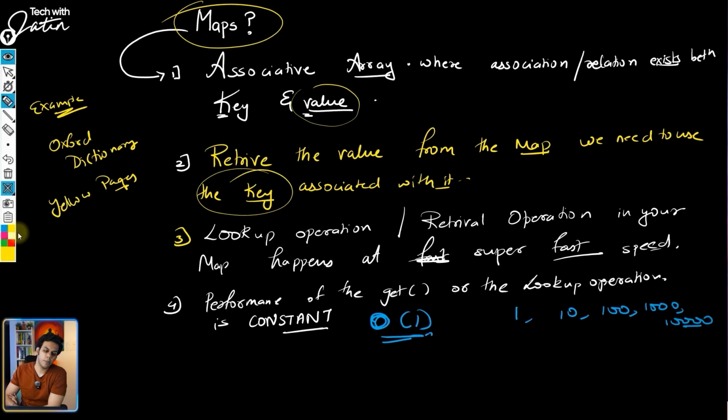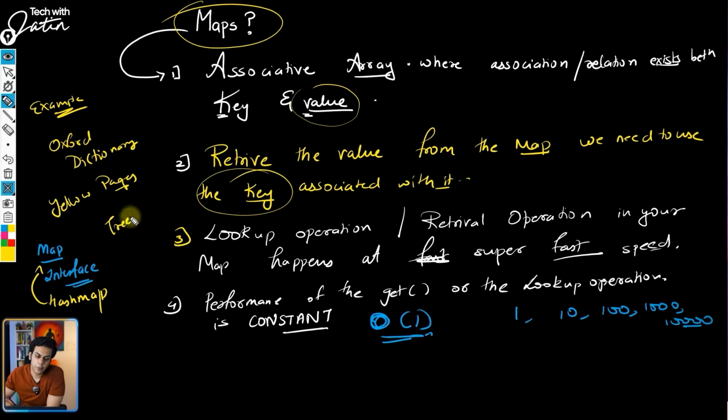Now, when you're talking about maps in Java, map technically is an interface. Map is basically an interface, and there are going to be different classes which are implementing this interface. You have your HashMap class coming into the picture, which implements your map interface.